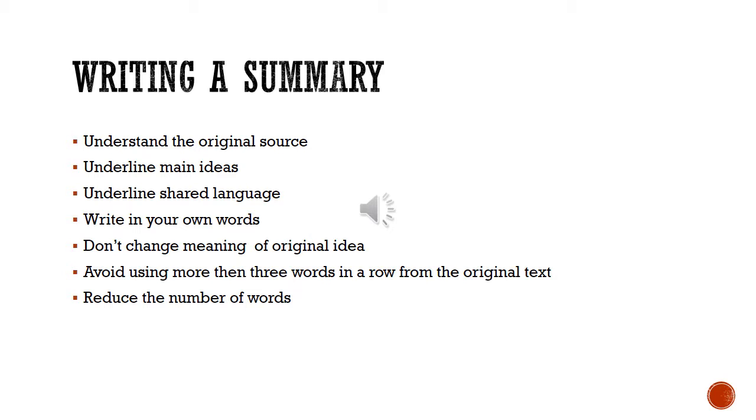After you have finished writing, check your summary against the original source and try to see if the original meaning is kept. Ask the question whether I have kept the original meaning, whether I have tried to avoid plagiarism when I have written it in my own words, and have I used fewer words than the original text?